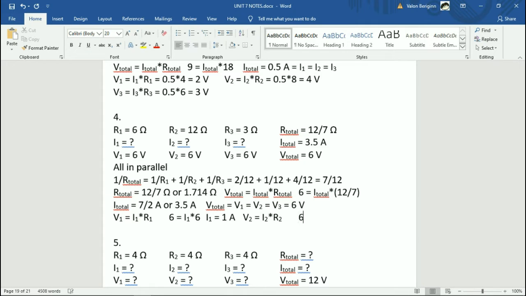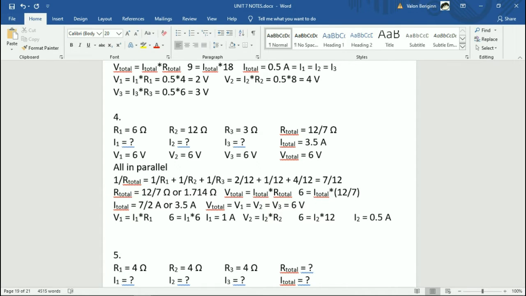So we get, again, 6 equals I2 times 12. So I2 equals 0.5 amps. And V3 equals I3 times R3. So we have 6 equals I3 times 3. So I3 equals 2 amps.